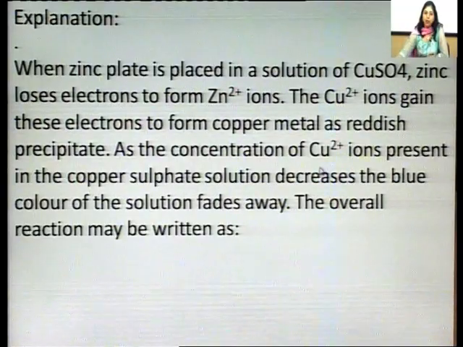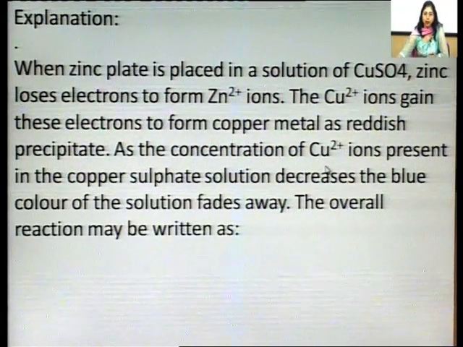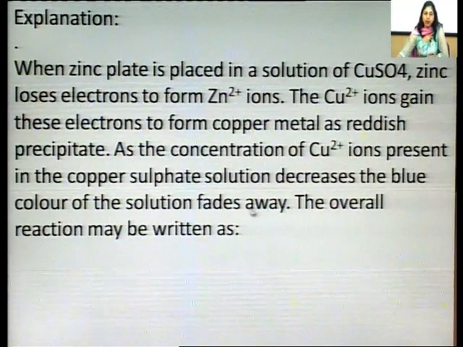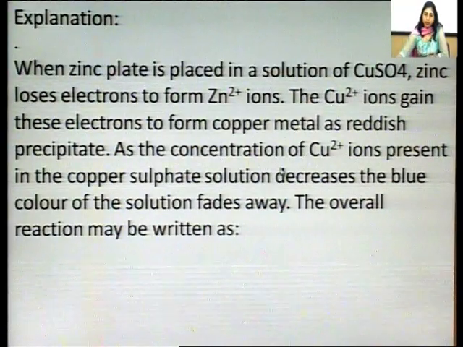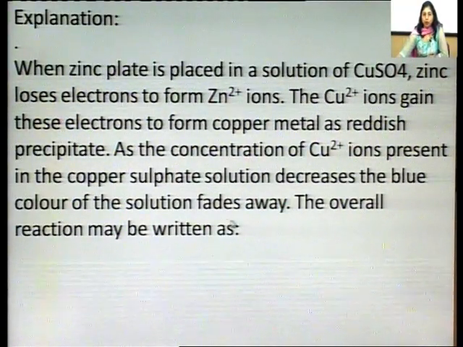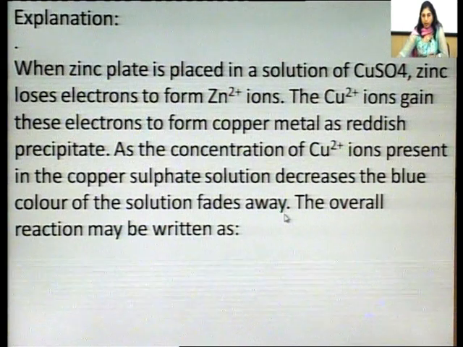As the number of copper ions is decreasing because they are changing into copper solid during reduction, due to this decrease in copper ions, the blue color of the solution fades.